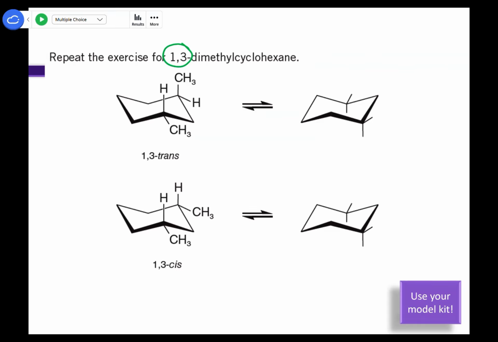So the back carbon has an up axial. I'm going to say this is carbon 1, and then I'm going to count forward 2, 3. This is in a down equatorial position. So see if you can build your molecule to exactly match what you see here. So we have an up axial and a down equatorial.